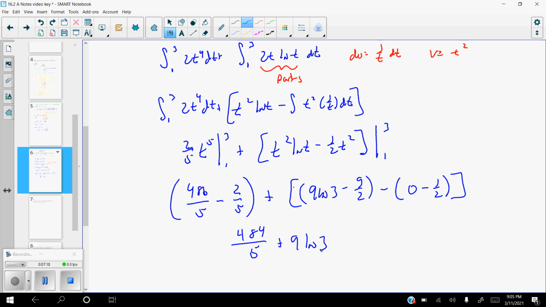That's going to give us minus 8/2, which is minus 4. Okay, we could certainly combine the 4 and the 484 over 5, but I am not worried about doing that. I think it would be 464 over 5, because 4 in terms of 5 would be 20 over 5, so you could do that. All right, but there is your line integral.